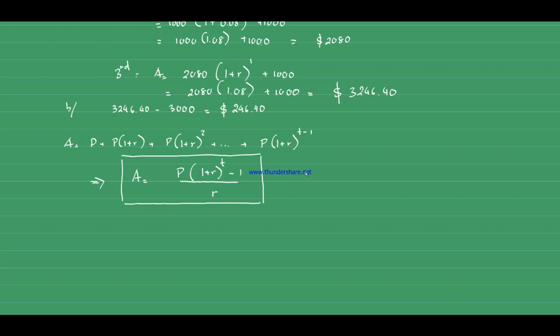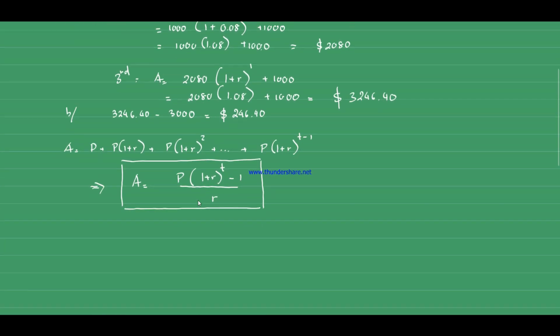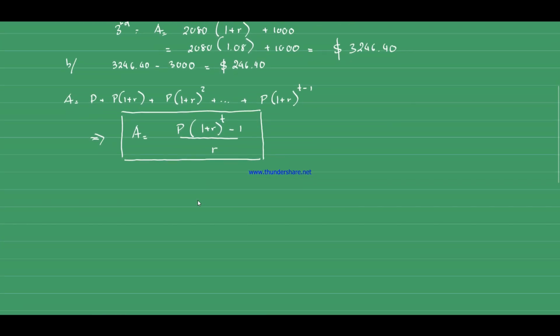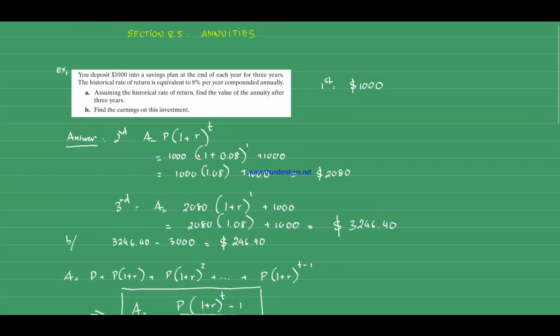Now, after we derive the formula, in the second example we're going to use the formula to calculate the annuity, because we cannot do it manually step by step as we did in example 1, which was only 3 years. Think about annuities for 40 years, 30 years.